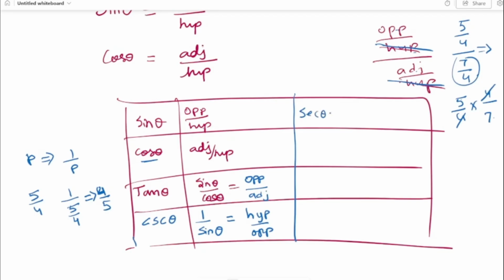Secant theta is reciprocal of cos theta, which is equal to hyp over adjacent. Now tan theta. Reciprocal of tan theta is called cot theta. Cot theta is reciprocal of tan theta. In terms of the sides, it will become adjacent over opposite.